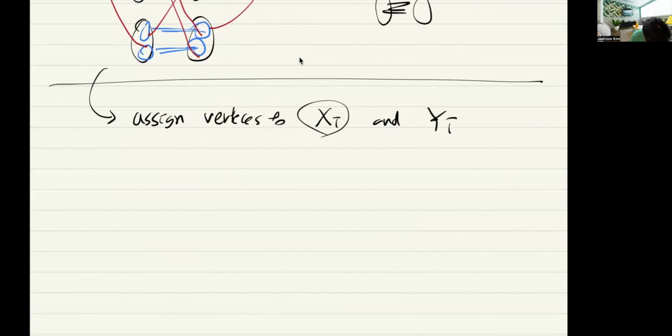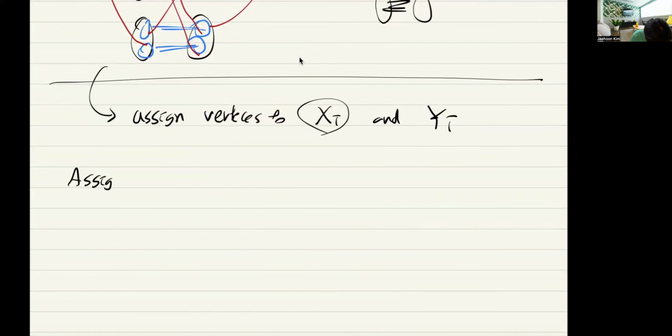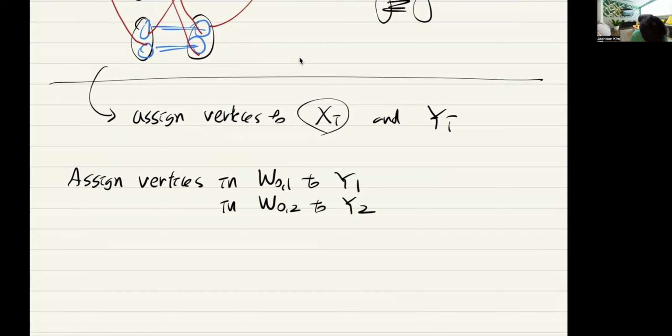So what do we do? We assign vertices in this W01 to Y1 and vertices in W02 to Y2.